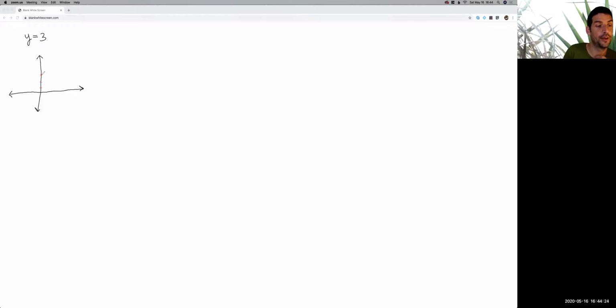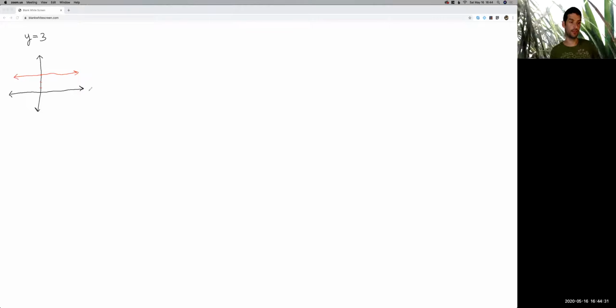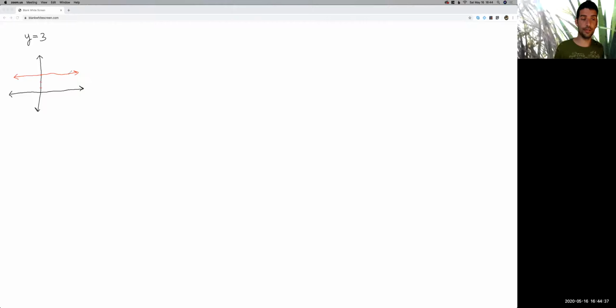So if that's 3 right there, we extend this horizontally and get the graph of this, right? In other words, we're saying the value of x doesn't matter to this equation, so all values of x are acceptable, okay? So we sometimes get a similar thing.